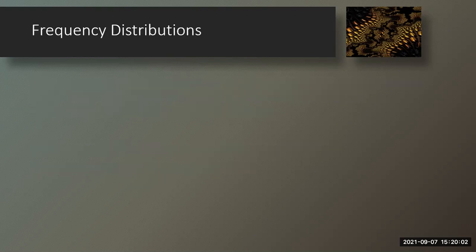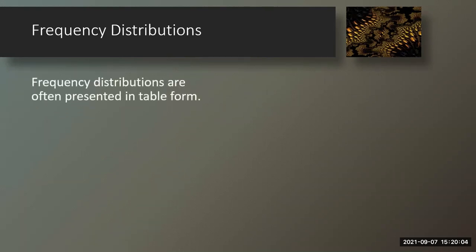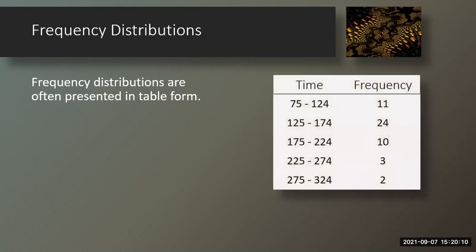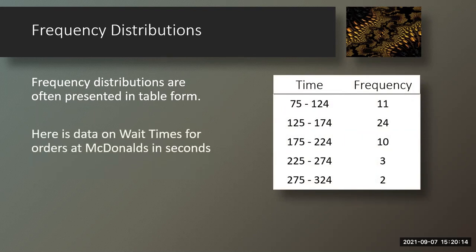So let's talk a little bit about frequency distributions. Frequency distributions are often presented in table form. We've got a table here. It's on wait times for orders at a McDonald's restaurant in terms of seconds. The left-hand column is titled time, and it contains classes of times in seconds.